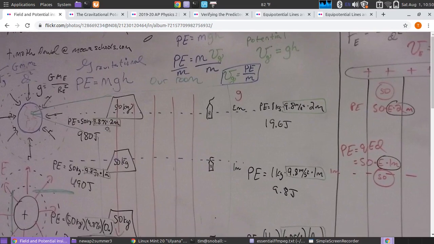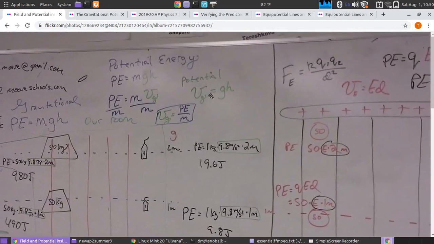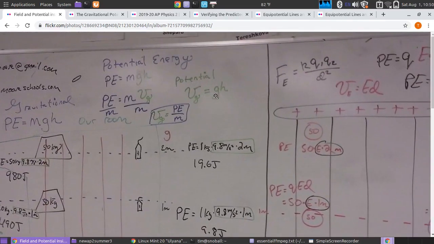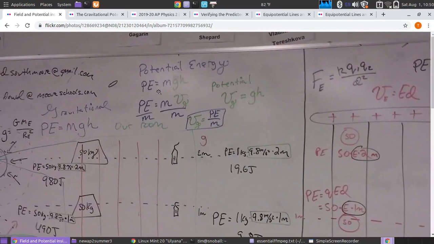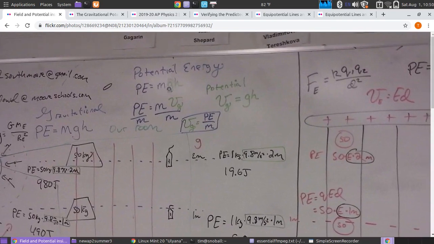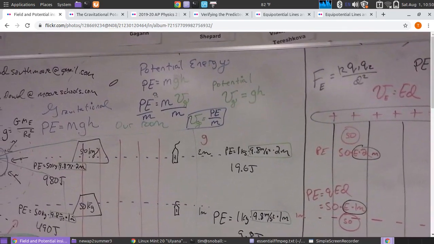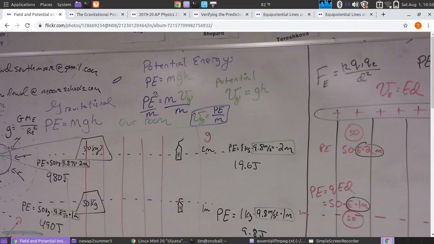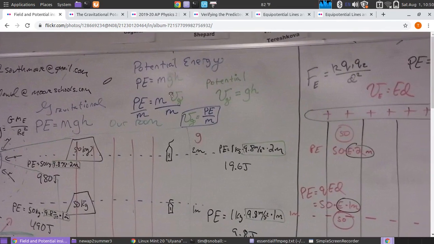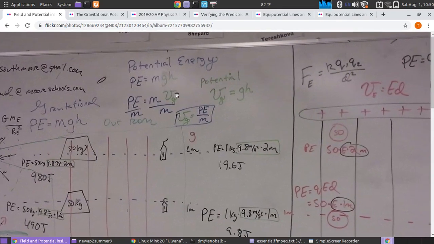So we call the part that depends on location the gravitational potential, gh. Gravitational potential energy is mgh. So another way of saying gravitational potential energy is the object's mass times the gravitational potential of that location. If you know the gravitational potential of that location, you can calculate gravitational potential energy.